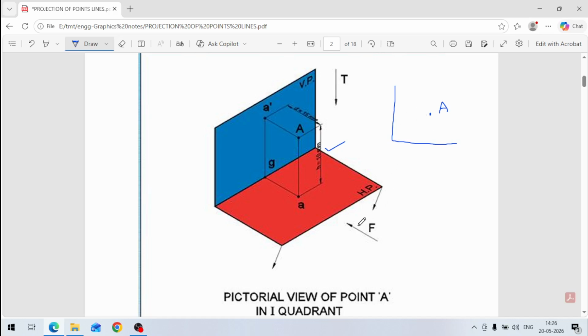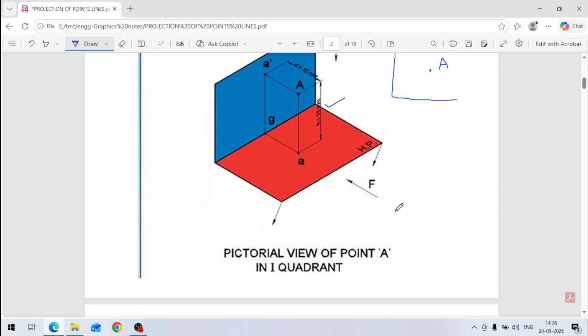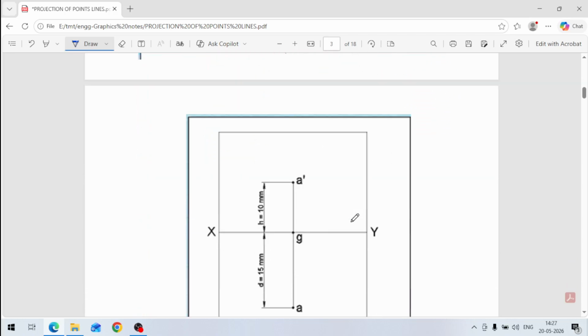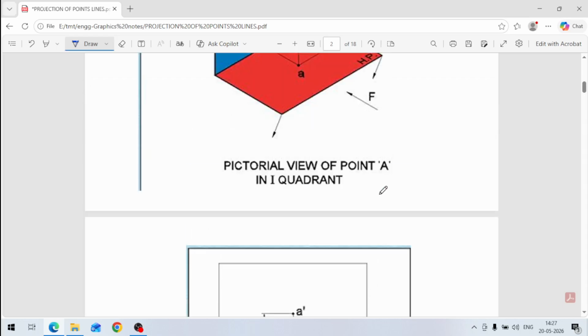And we consider that we are tilting this plane in the anti-clockwise direction like this. So what will be the projections of the point? If you see here, these are the projections of the point. Now what has happened?